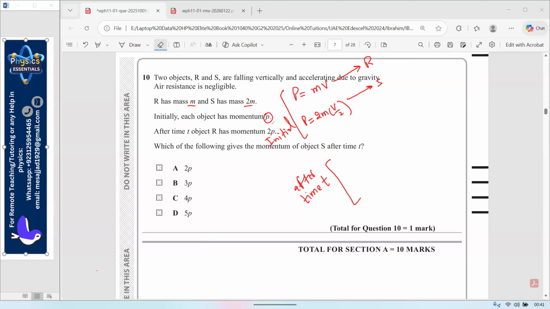If you can see here that the bodies are falling vertically, they are having a gravitational acceleration, right?